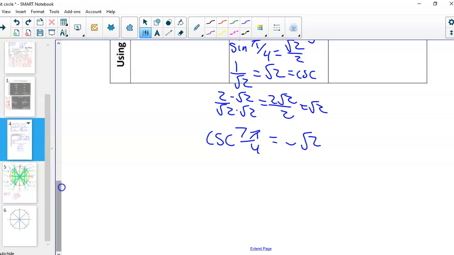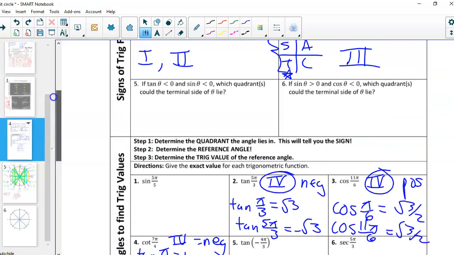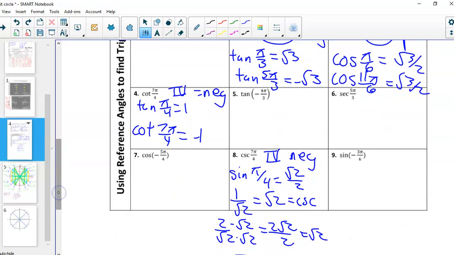So the reciprocals have a little bit more work because you have to flip, but same process. I want you to go ahead and do these two and the remaining ones in here. Be careful with your negative angles. Remember, it's just whatever it would be in the positive, but you're going in the negative direction.